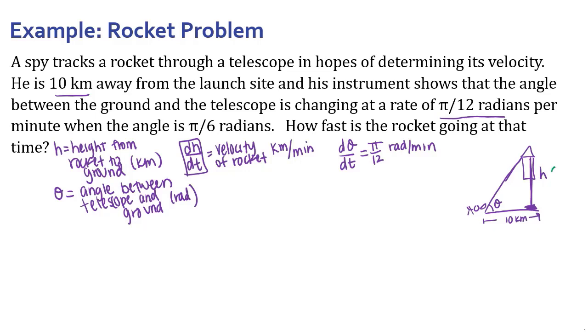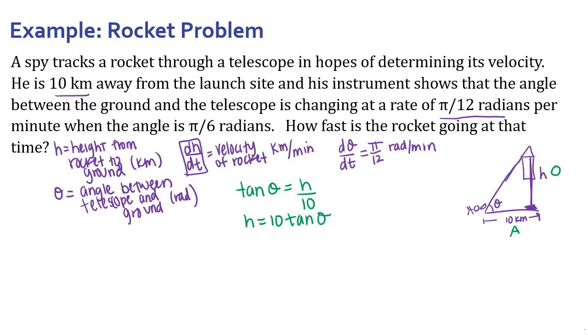This is the opposite, this is the adjacent. So that relationship is going to be the tangent of that angle equals the opposite over the adjacent. So now I have found that. I'm going to actually solve this for h. So h equals 10 times the tangent of theta. That way we don't have to deal with fractions.